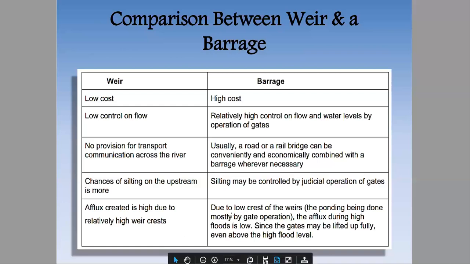So in the case of a barrage, afflux is low, and in the case of a weir, afflux is high, since the gates may be lifted up fully even above the highest flood level. So this is all about the comparison of weir with barrage.